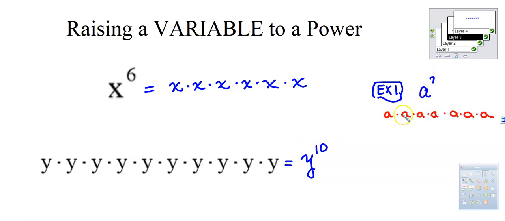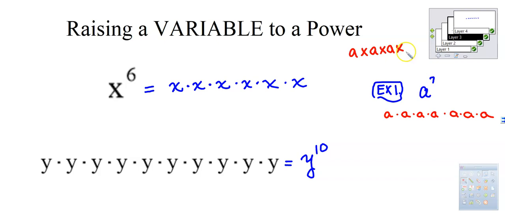Okay, so a to the 7th power is a times a times a times a times a times a times a. 7 a's multiplied to itself. Notice I am using dots between my variables. The reason we do that is if we use x's, it would look like this. And in the algebra world, an x could look like a variable or a multiplication symbol.